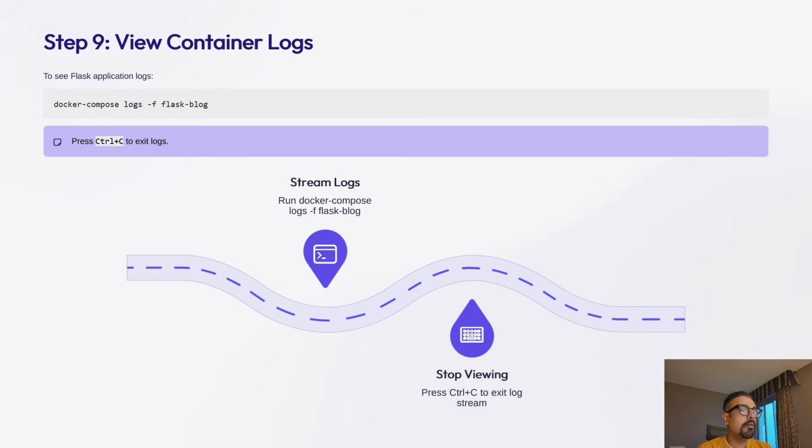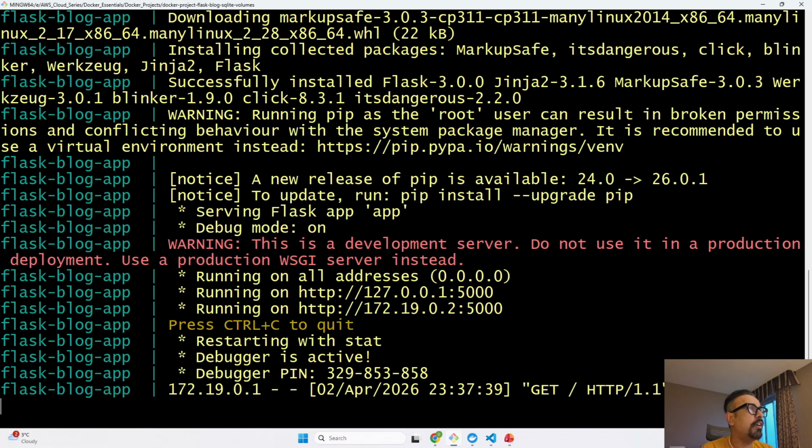Now for troubleshooting purposes, by any chance your application is not running or there are some issues that you see, at that time you can also go ahead and check the logs by running this command, that is docker compose logs -f flask blog. Let me show you this command. If I hit enter, over here you can see that this is a development server.